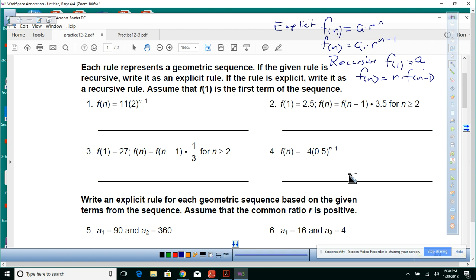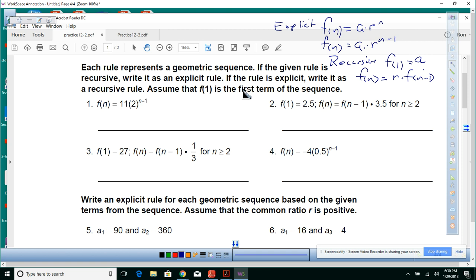Okay? So let's take a look at this. Each rule represents a geometric sequence. If the given rule is recursive, write an explicit rule. If the rule is explicit, then write a recursive rule. Assume that f of 1 is the first term of the sequence.